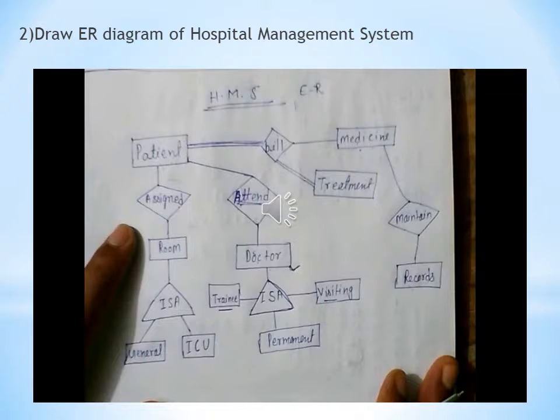Then next is the double line, which represents the total participation of an entity in a relationship set. These are the symbols used in an ER diagram.